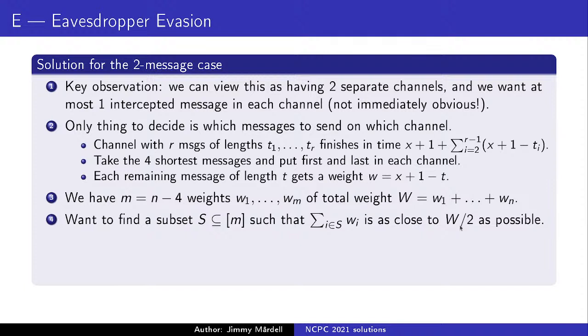We would like to balance these 2 channels so that they take roughly the same amount of time. Because if we put the subset S on the first channel, it will take x plus 1 plus the sum, and then the second channel will take x plus 1 plus the sum of the other things. So we want to balance these things, and this is really like a subset sum or knapsack problem.